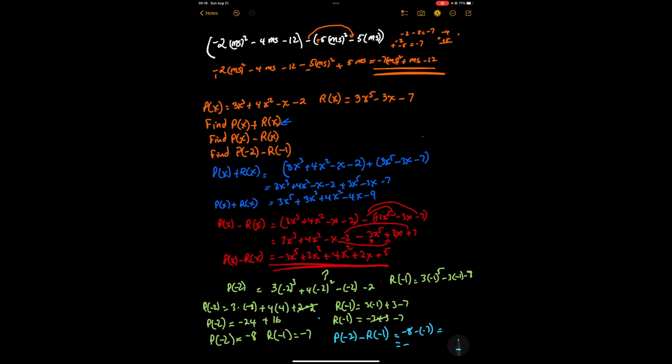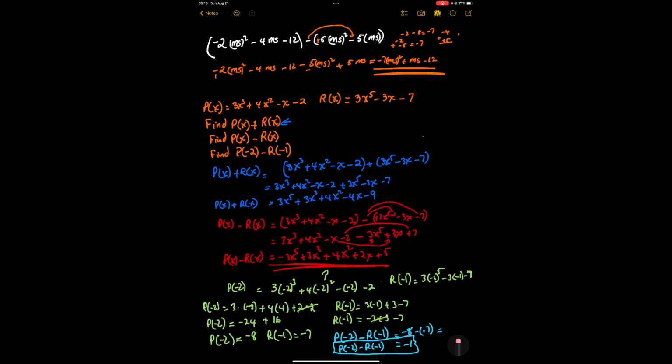Equals negative 1. So p of negative 2 minus r of negative 1 equals negative 1, and that is your final answer.